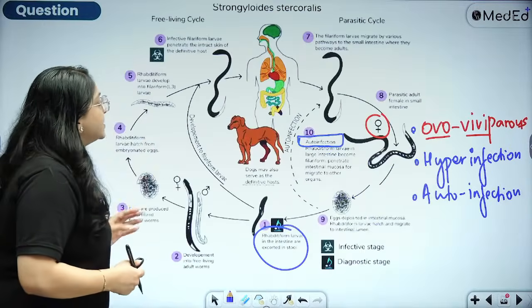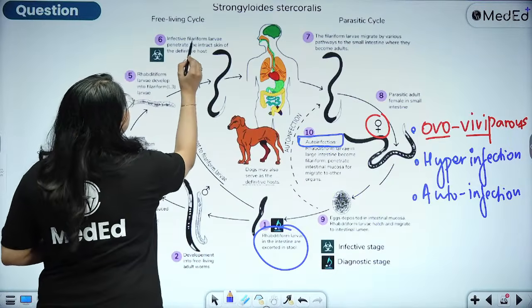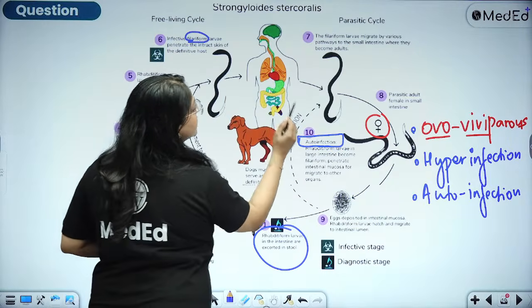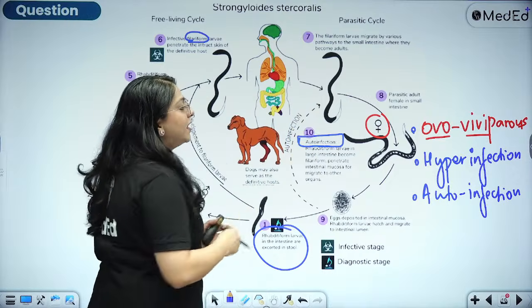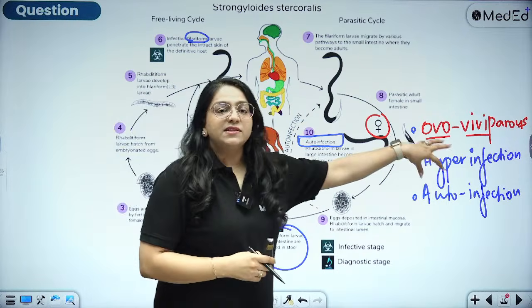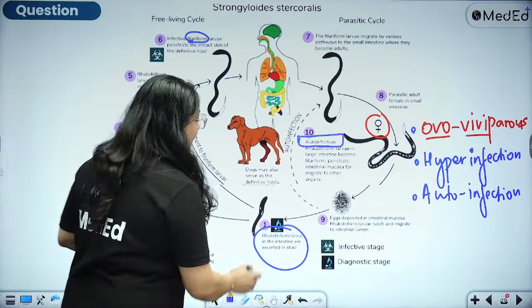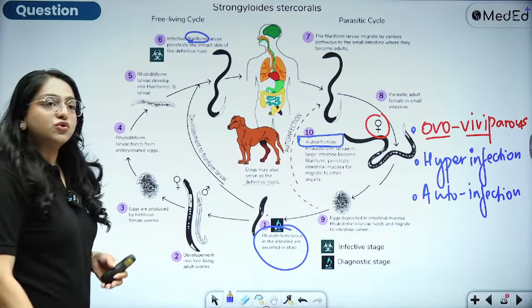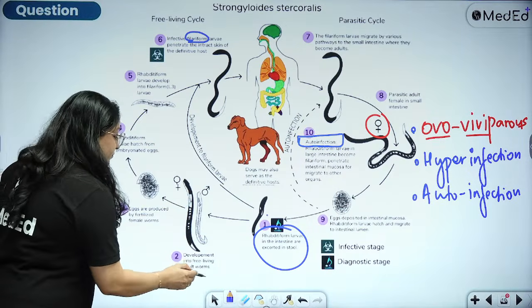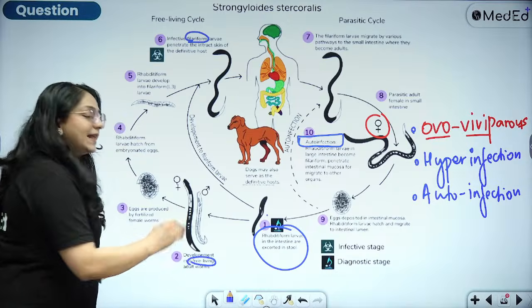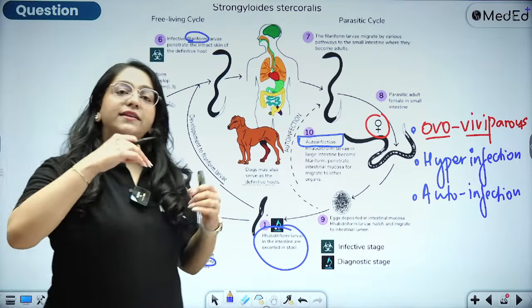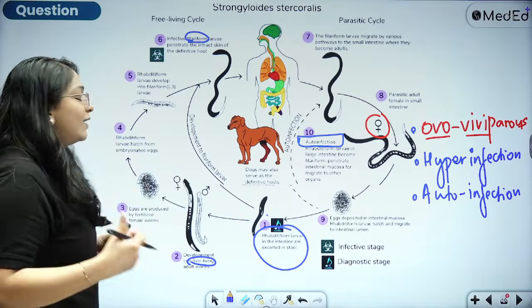So how is it causing infection? First, the infective stage, filariform larva, enters through the skin, becomes an adult, leading to parthenogenesis, ovoviviparity, hyperinfection, autoinfection, everything. Ultimately, the rhabditiform comes out in the stool, and in a free living state, that is in the soil, they convert either into adults, male or female.